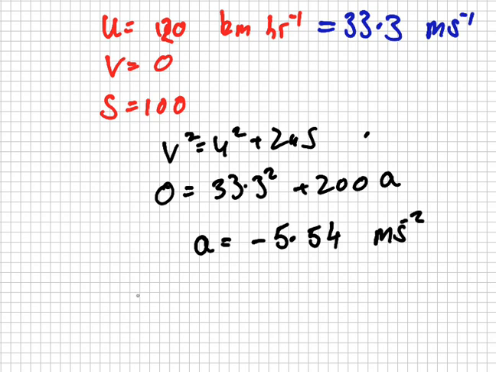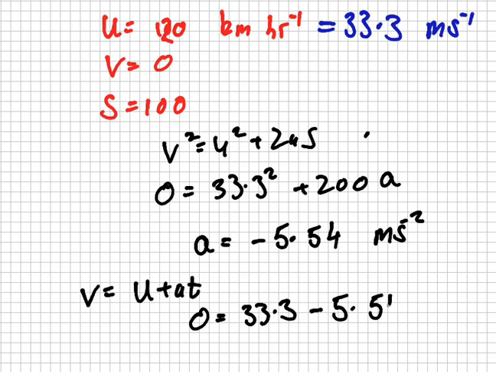And the next thing I want is the T. I think I'll use this formula to get the T. It's the easiest one. So I get 0 equals 33.3 minus 5.54T. So I get T equals 6 seconds.